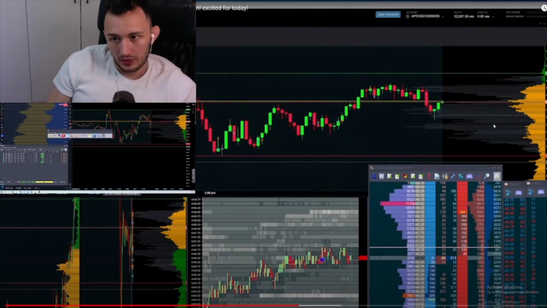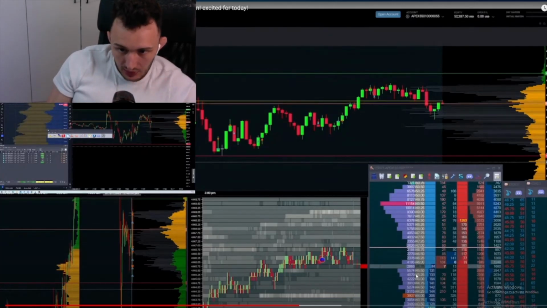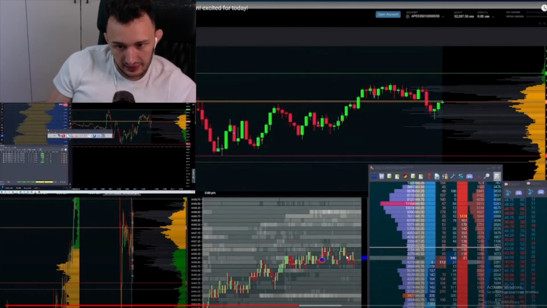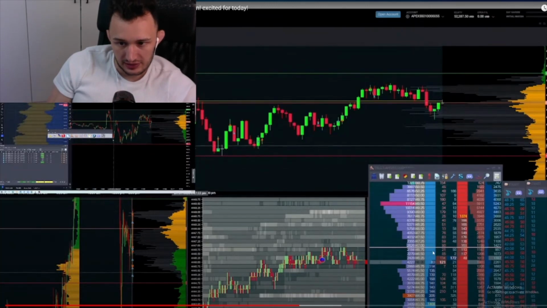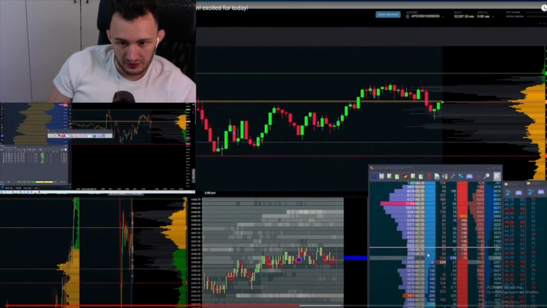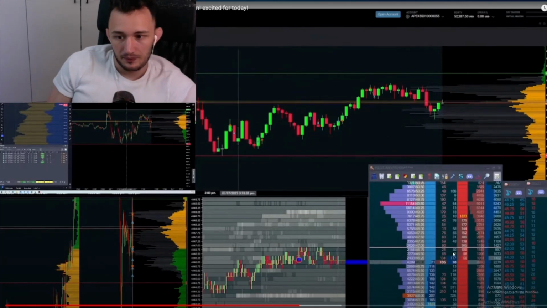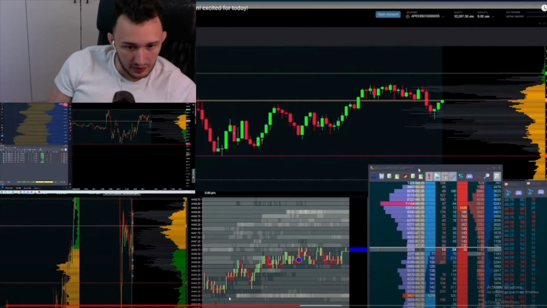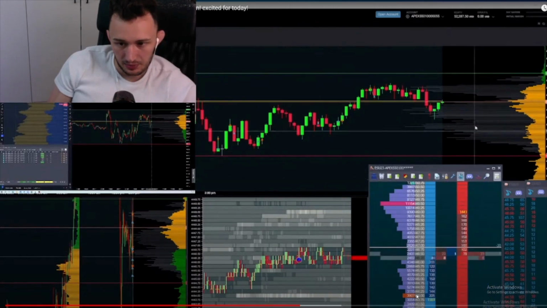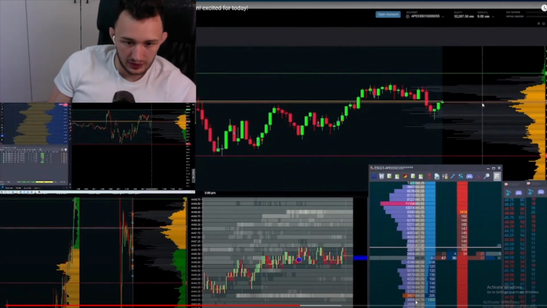We want to look at this. There's basically a seller protecting the 46 50s, 46 75s here, and earlier we saw a buyer protect the 44 50s, 44 25s, 44s.